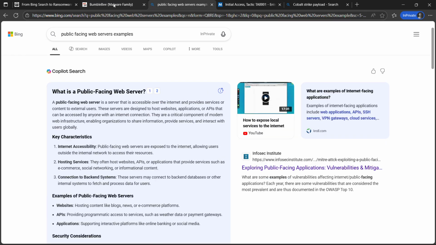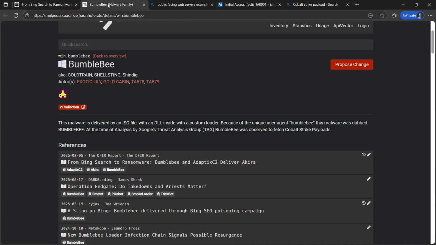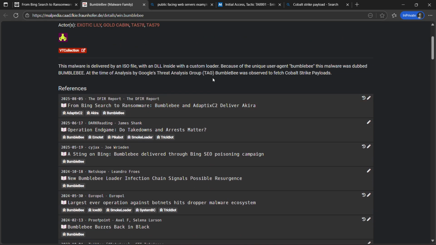So it's used for penetration testing, but the ones used for penetration testing are actually the ones being used by hackers, because in order to simulate a realistic attack, you will use a realistic tool that is used by malicious actors. So that makes sense.